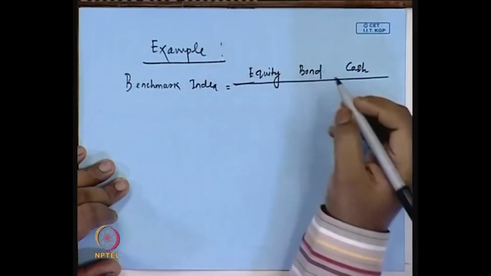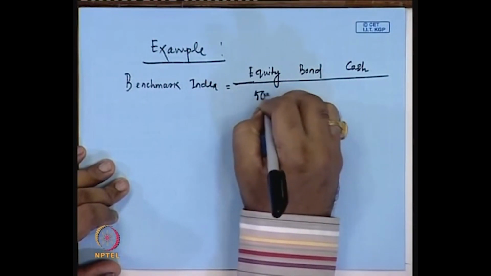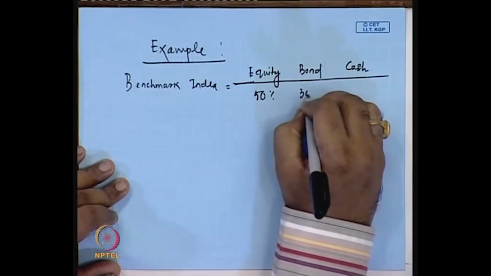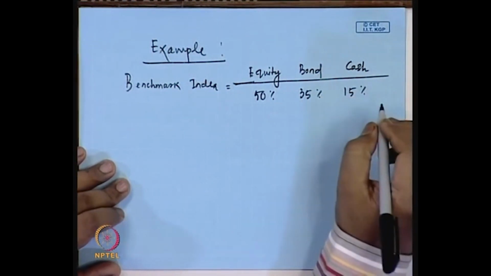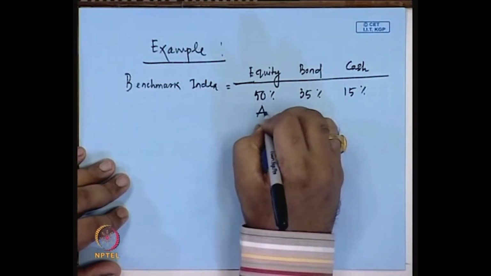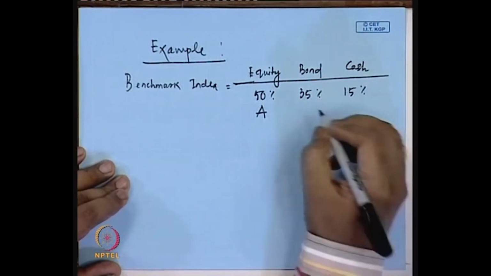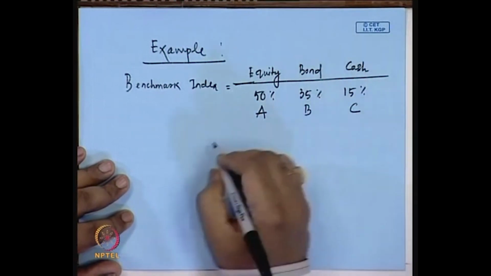The benchmark index has invested 50% in equity, 35% in bond and 15% in cash. And the benchmark index has chosen, let us say, equity named A, bond B and cash C.